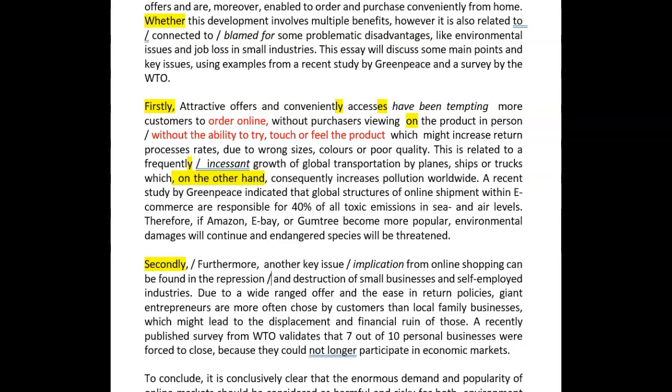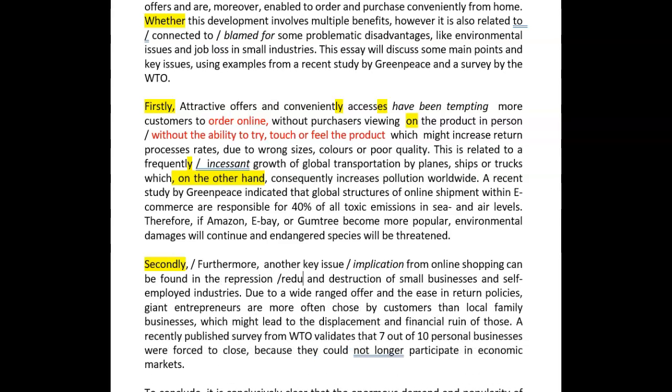Repression, careful. Repression means they're pushed to stop. In the, I'd go reduction. Reduction and then destruction, which is super strong. Good.